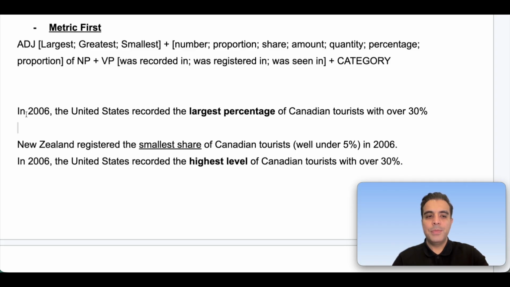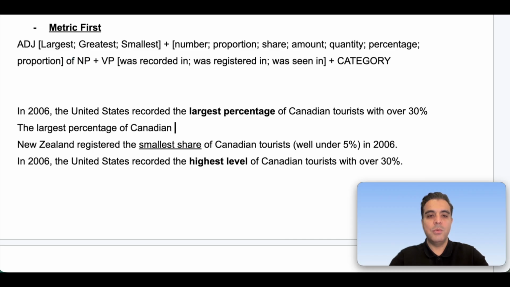Okay, let's see how we can, again, rewrite these sentences using the metric first structure. So remember, previously we had in 2006, the United States recorded the largest percentage of Canadian tourists with over 30%. This time, we're going to say the largest, okay, I'll just go with the first adjective, followed by one of these nouns. Now, what are we dealing with? We're dealing with a percentage. So we'll go with the largest percentage of, okay? And then what do we have after that? We have the NP of Canadian tourists.